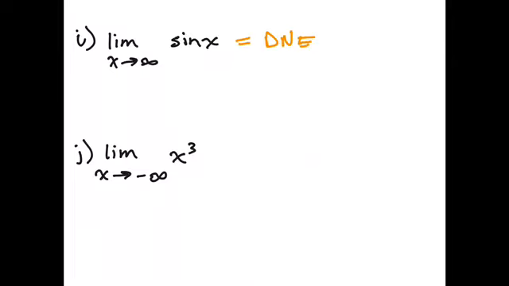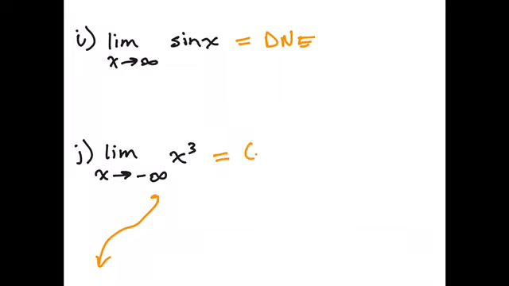Okay, the limit as x goes to negative infinity of x cubed. Now this is one of the parent functions. You're supposed to just remember what it looks like, but college algebra was a long time ago, right? If I remember the graph, I know that this is going to go to negative infinity.